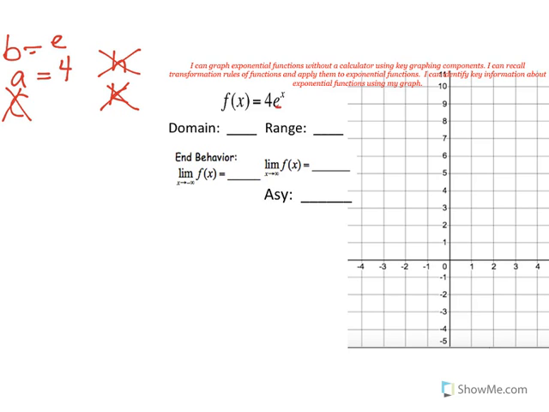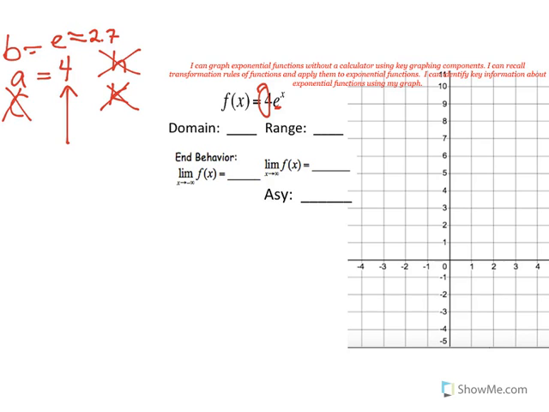Okay. Your base, what is being raised to the power, is e, which is, remember, we're going to treat that as 2.7 and only 2.7. And then that number in front of it, that 4, is acting as your a term. Okay, so go back to your transformation rules and look and see, what does a do? How does it affect your graph?